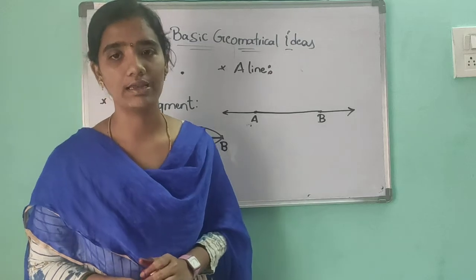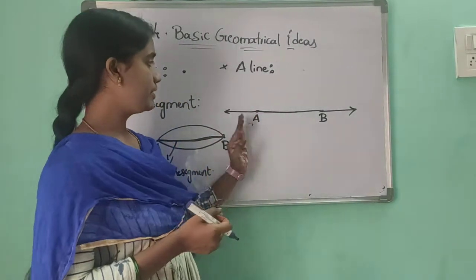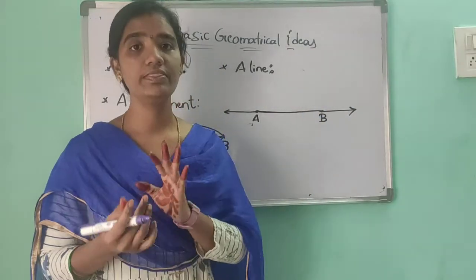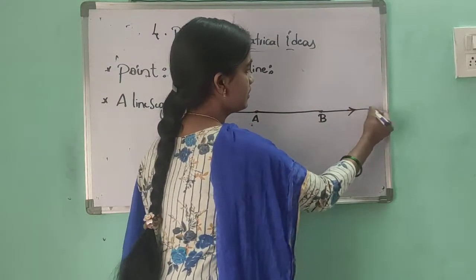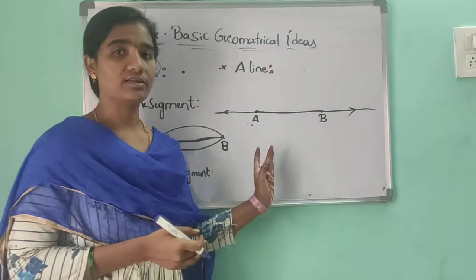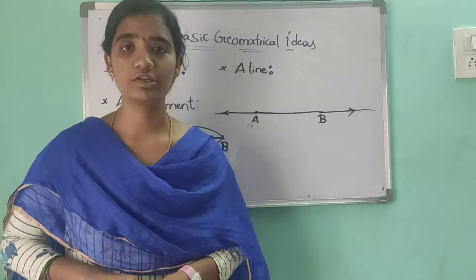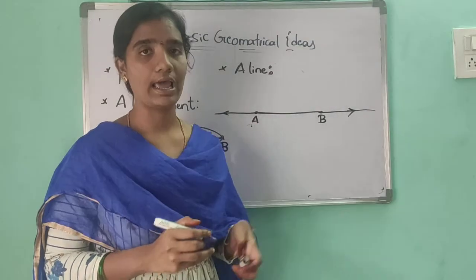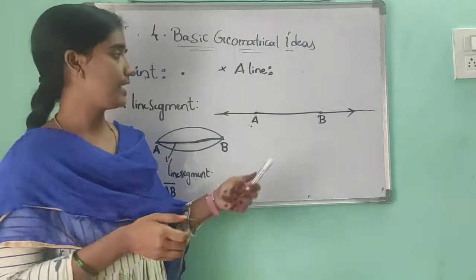This line can be extended this way on A and this way on B. In this line we put some arrows. These arrow marks show a continuous line. This represents a line. We write it as a line.